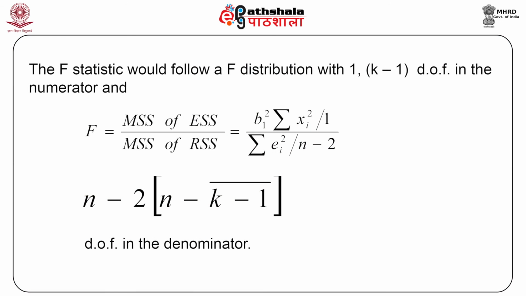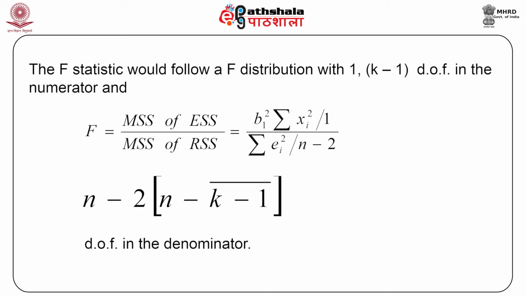The F statistic is defined as the ratio of the mean sum of squares of ESS and the mean sum of squares of RSS. F is equal to MSS of ESS upon MSS of RSS.